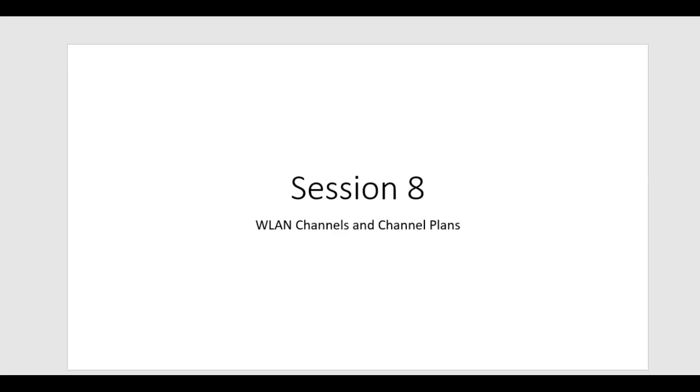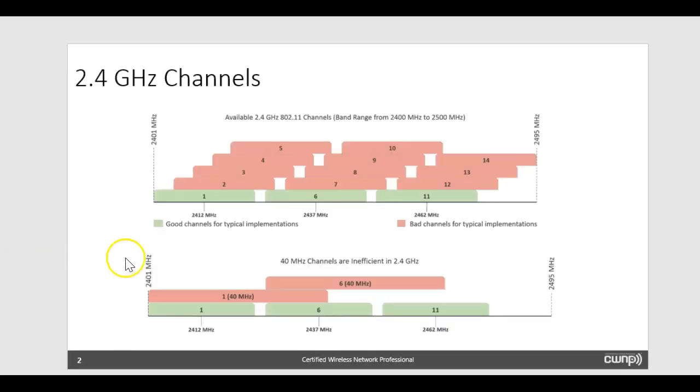This one deals with wireless LAN channels and channel plans. Now we know we've got 2.4 gigahertz channels and 5.0 gigahertz channels. In 2.4 gigahertz, there are 14 channels available in the 802.11 standards.